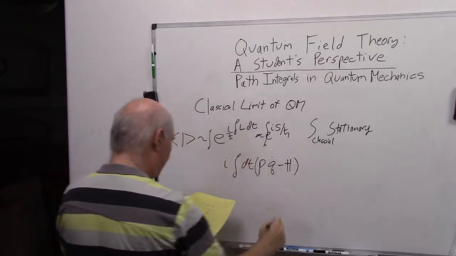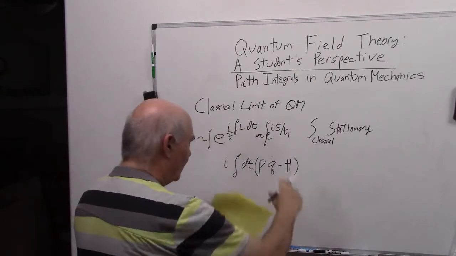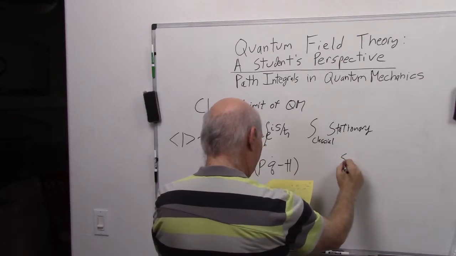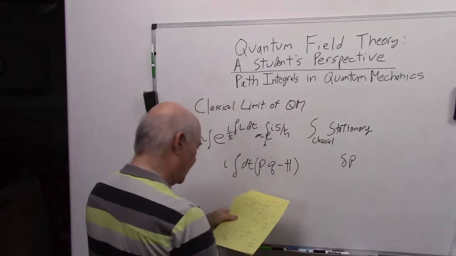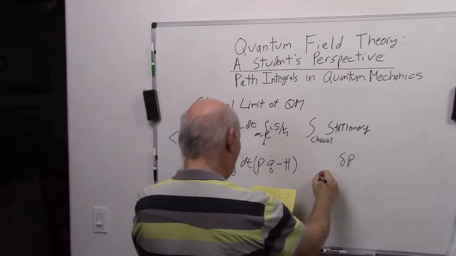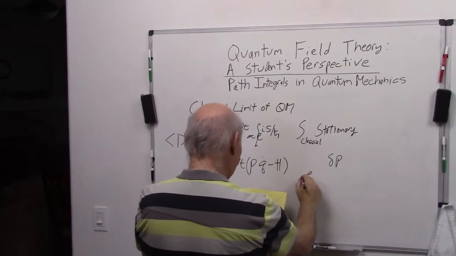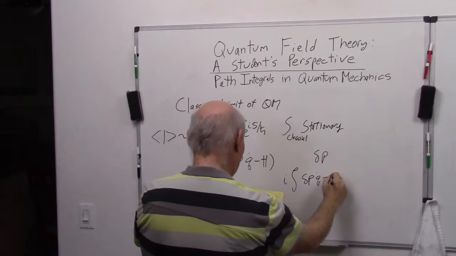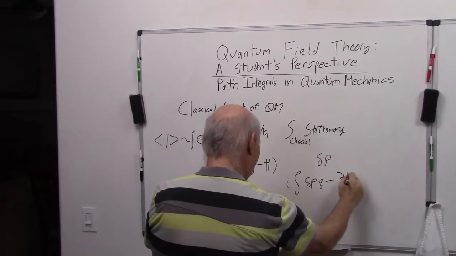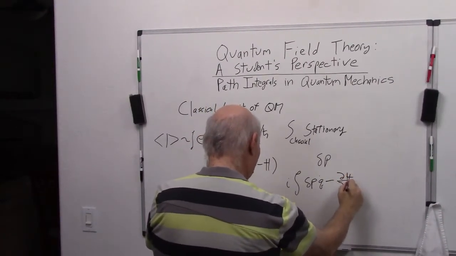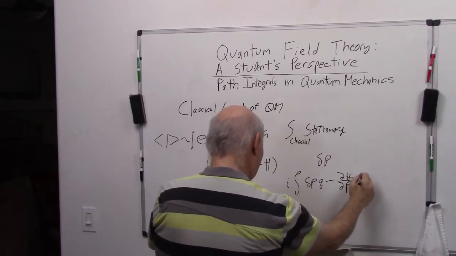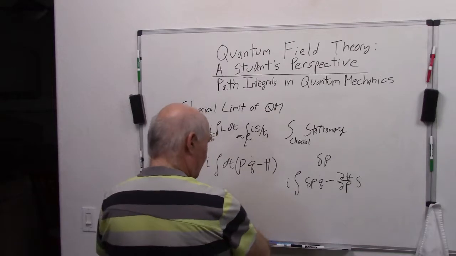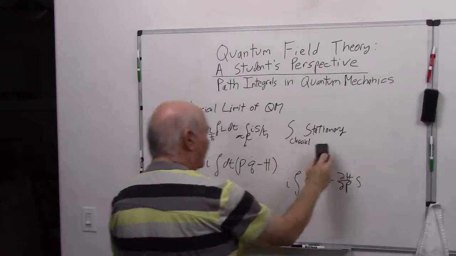If we want to make this stationary on the path, I want to do delta q first.